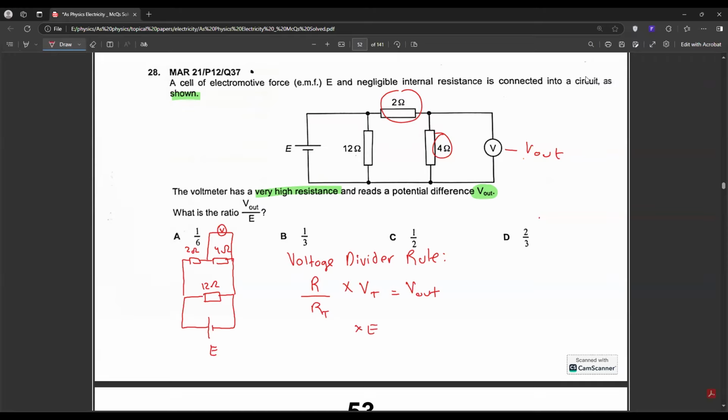EMF. The total voltage across this branch will be E or EMF. What is the resistance of the 4 ohm resistor? 4. What is the total resistance in this branch? 4 plus 2, that is 6. Perfect. Divided, is equal to your V out. We have to calculate V out over E. So V out over E is equal to 2 over 3, D is your answer.